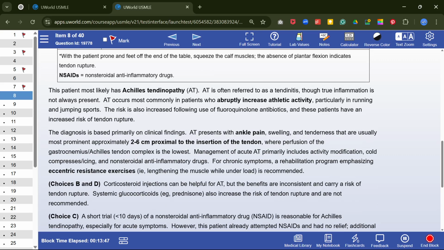This patient most likely has Achilles tendinopathy. Achilles tendinopathy is often referred to as tendinitis, though inflammation is not always present. It occurs most commonly in patients who abruptly increase athletic activity, particularly in running and jumping sports.